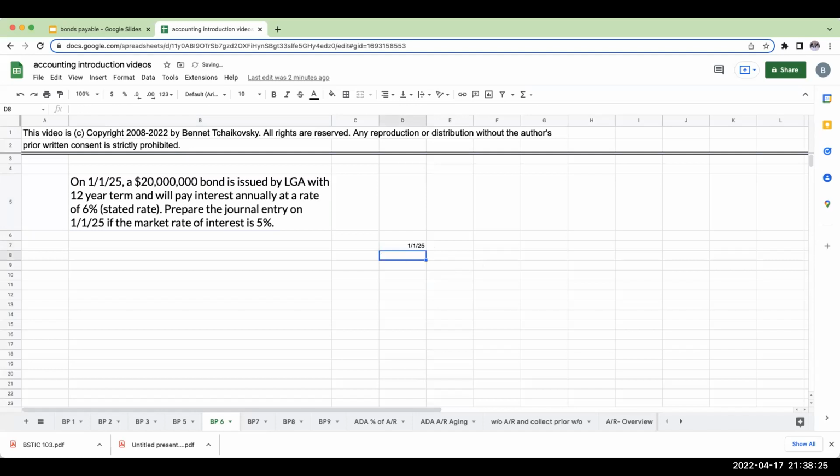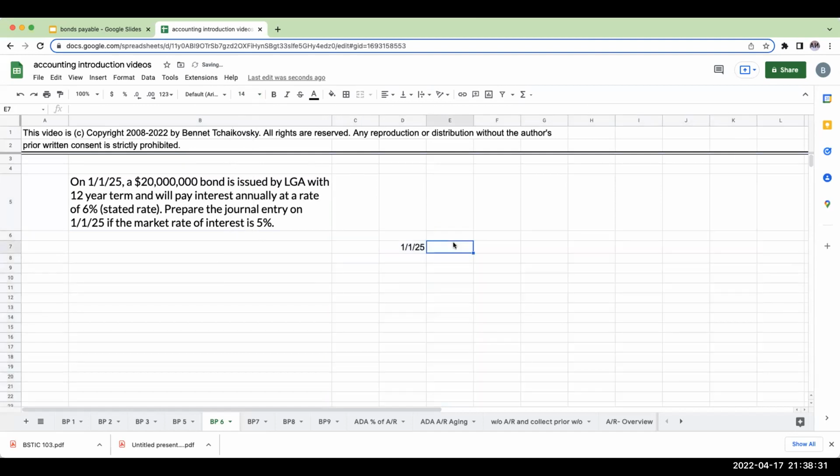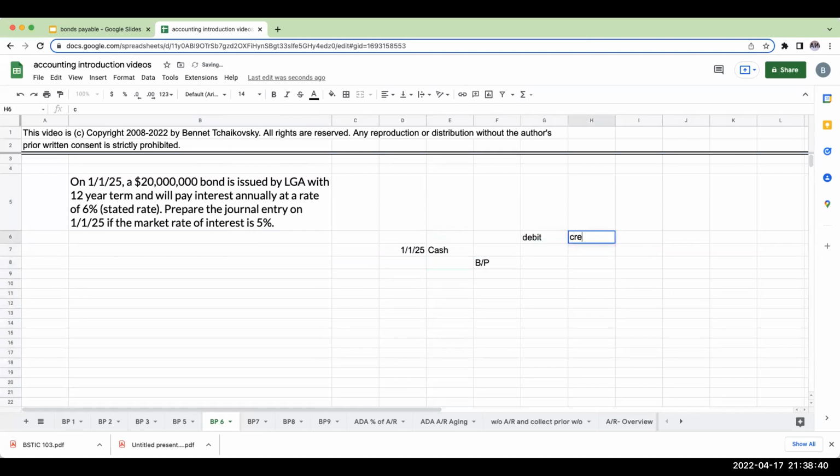So on 1/1/25, my journal entry, and we want to start with this journal entry, I'm going to debit cash. I'm going to credit bonds payable. When I credit bonds payable, I am always going to do it at the face value. So my bond payable will be here at 20 million.